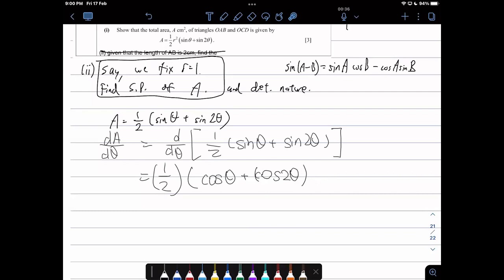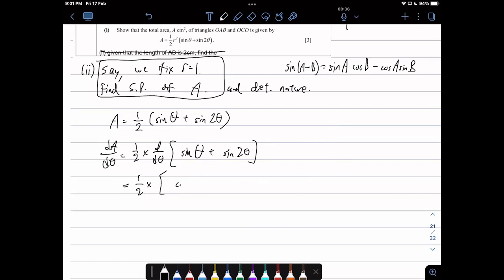I show dA by d theta equals half times the derivative with respect to theta of sine theta plus sine 2 theta. Differentiate sine, you get cosine. That's fine.